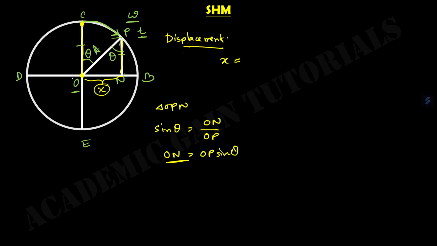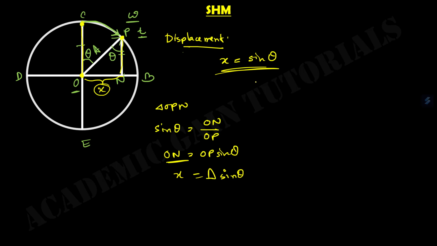We know ON is the displacement which we denoted by x, and OP, the radius of this circle, is a. So I can write x equals a sine theta. This is the displacement of this particle moving from point C to point P.